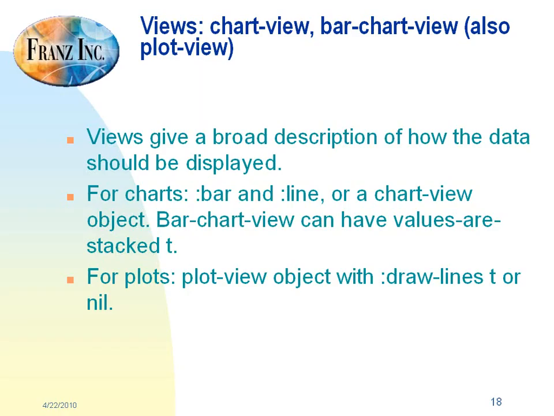So bar and line, and again, for the plots, again, you have a plot view object, and it has a draw lines argument, and the draw lines argument can be true or nil. It defaults to true, so when we plotted our sine curve, we got the lines connecting the points.